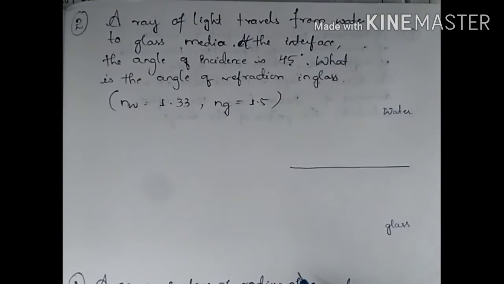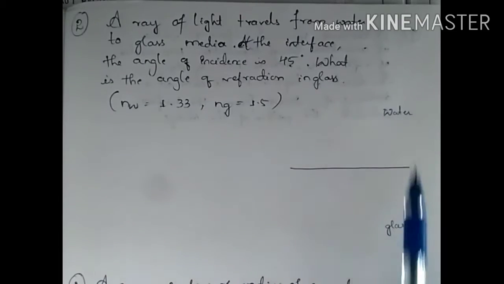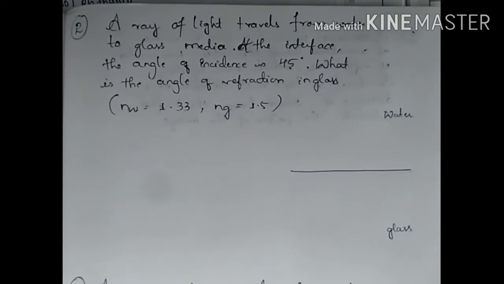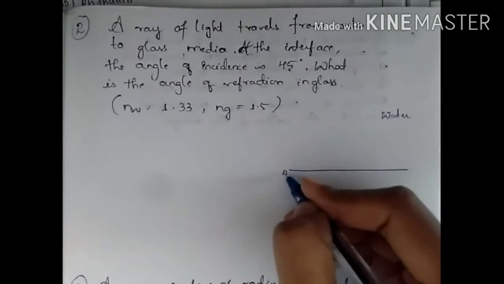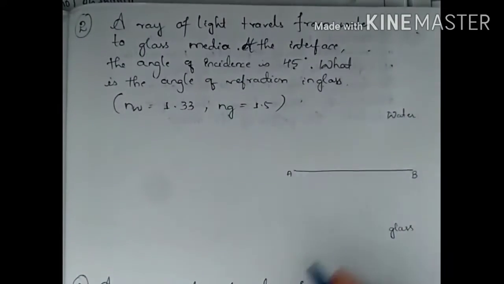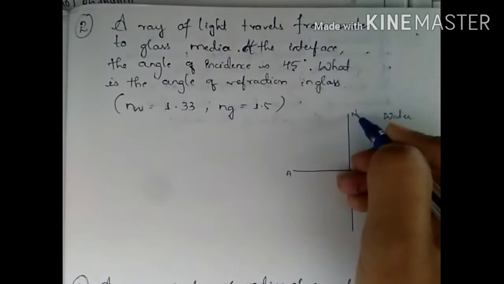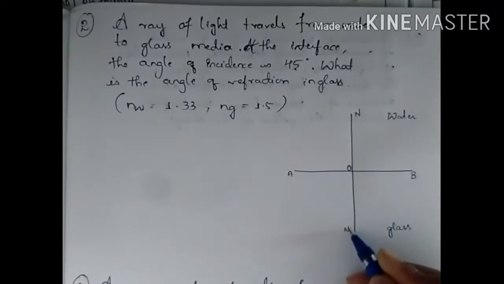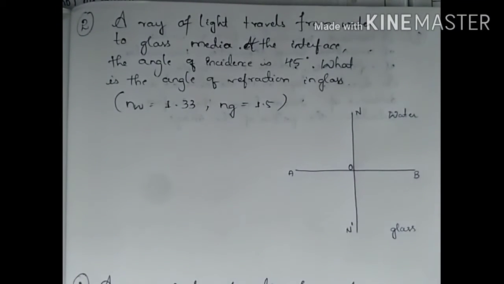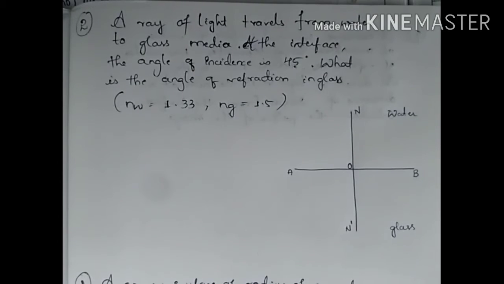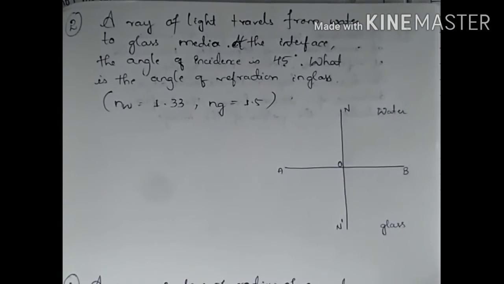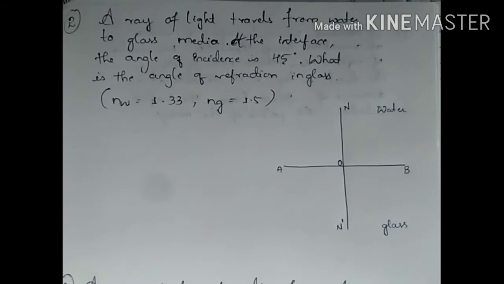So here it is traveling from water to glass, not water to air. Now let this be the interface AB and NN prime be the normal drawn to the interface.